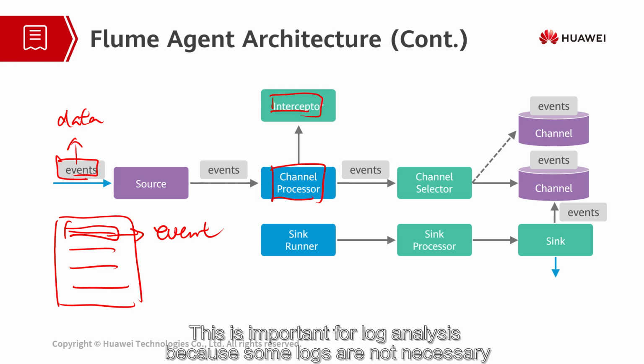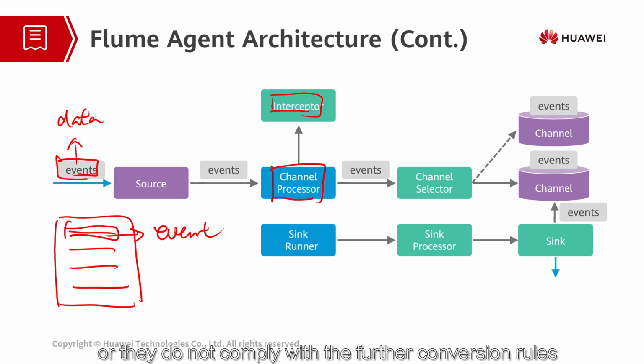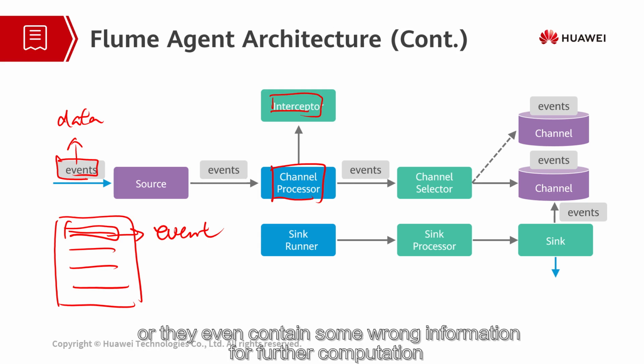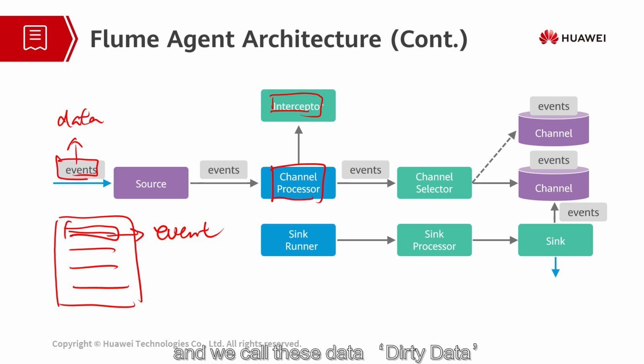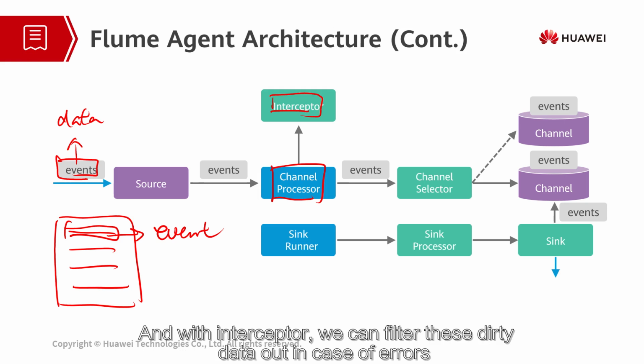This is important for log analysis because some logs are not necessary, or they do not comply with the further conversion rules, or they even contain some wrong information for further computation. We call this data dirty data. And with the interceptor, we can filter this dirty data out in case of errors.